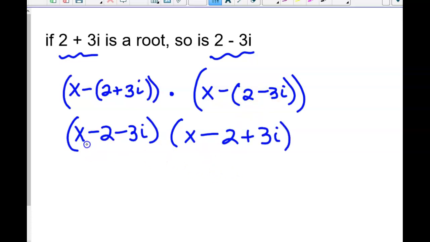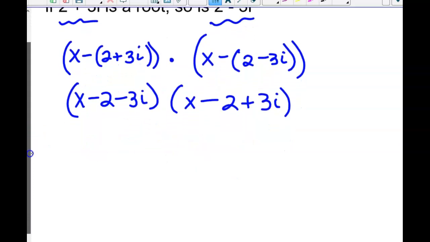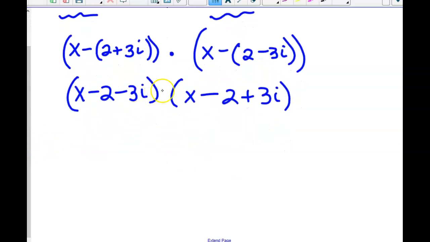Okay, this is how you can do it on the quiz. This is the way everybody can do it. If you don't like the shortcut, please watch carefully. I'm going to distribute the x to everything back here. So x times x is x squared. x times -2 is -2x. x times positive 3i is plus 3ix. Then I'm going to come back and distribute the -2 to all of those.